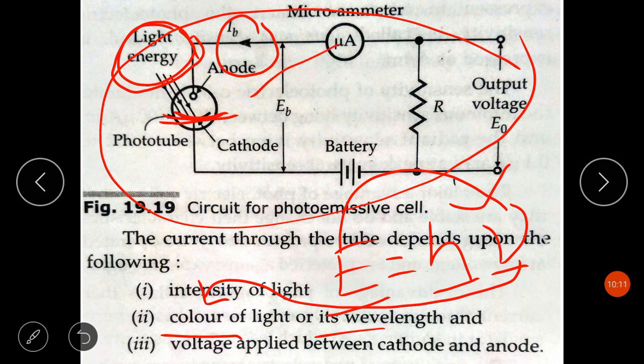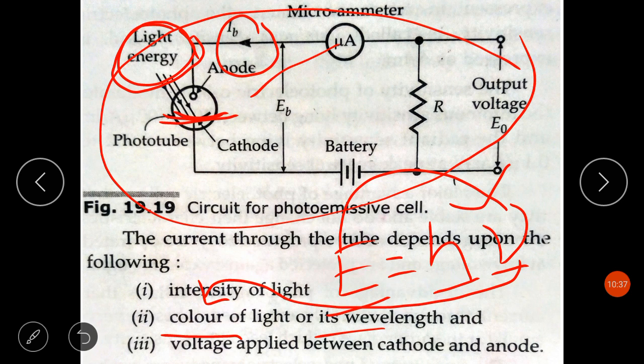But if it is less than the band gap, then we will not get any current. And depending upon the energy of the photons, the amount of current will vary accordingly. So we can say this photoelectric current depends on the color of light, or the wavelength of light, because the photon energy depends on the wavelength or color of light.